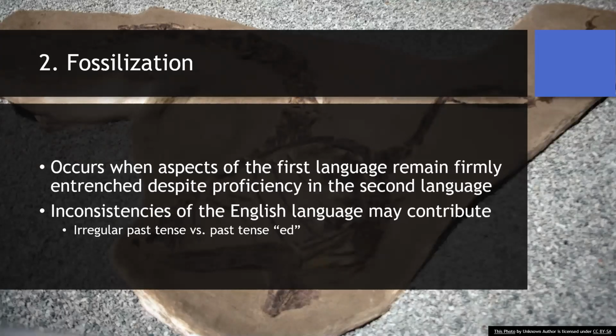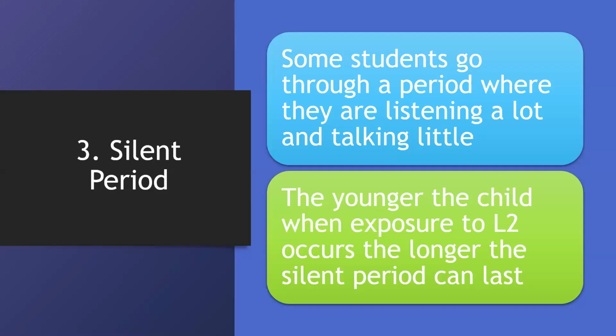All right. The third thing that may happen, and I'm not as convinced about this one. As a speech language pathologist, I want you to really think about this. I would be really cautious about this, especially in really young children.